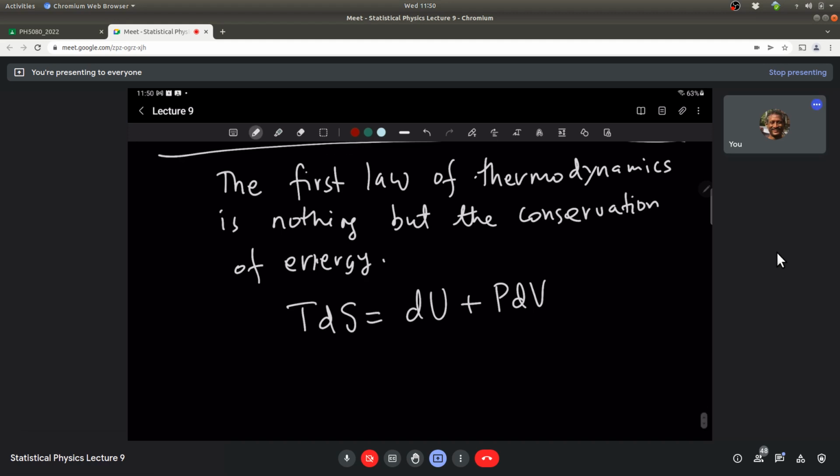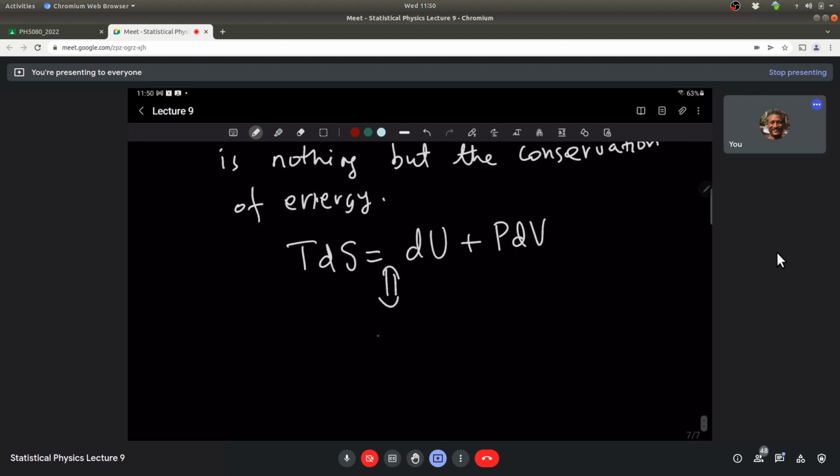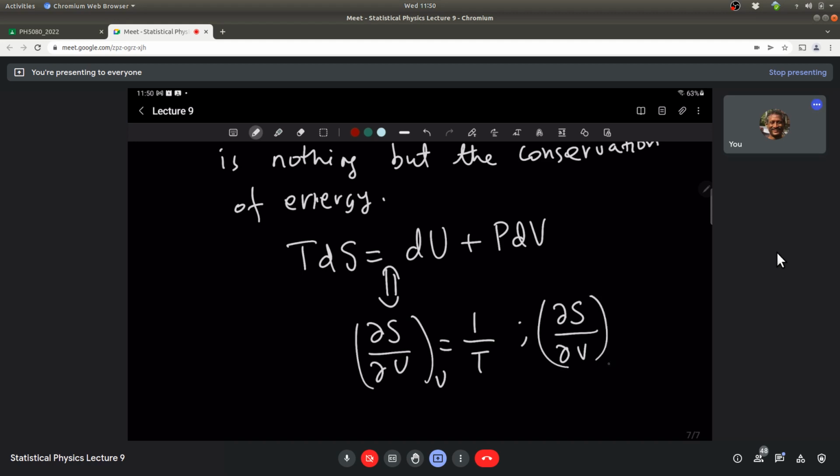So what we see here is that S. So this is same as saying that dS by dU is equal to 1 by T, and it says that dS by dV, keeping U constant, keeping V constant, this is equal to P.